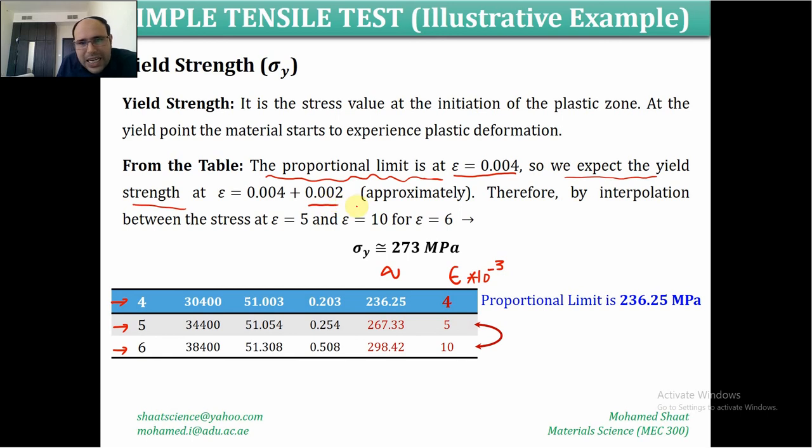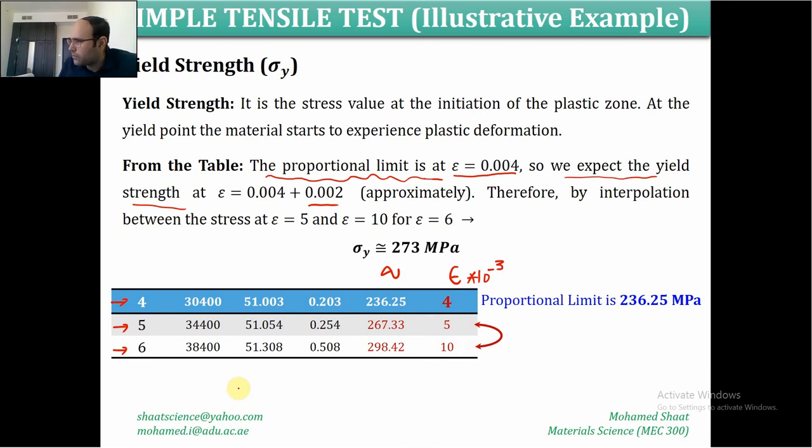This is going to give us another value, which is the strain at this point, 0.006. It means that it is fine to approximately assume that the yield strength is the stress at the 0.006 strain.